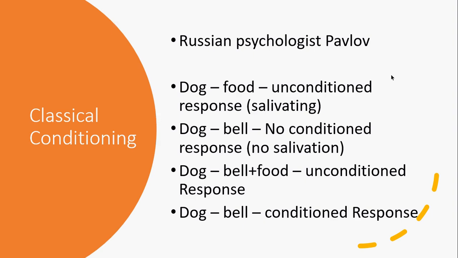Now, after some time, the dog understands that every time the bell rings, I get food also. It is not just the food coming alone, but food and the ringing of the bell are accompaniments. So after some time, what happens is, even when the food is not brought, if the dog hears the sound of the bell, the dog starts salivating. This is the conditioned process.